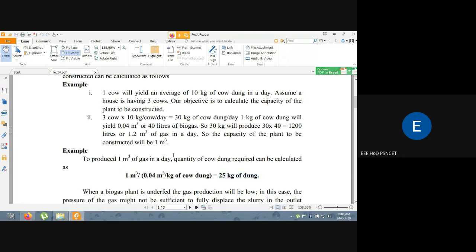So if we have installed a biogas plant with a size of 1 meter cube, daily we need 25 kilograms of dung to operate the biogas plant, or else there will be a lagging.